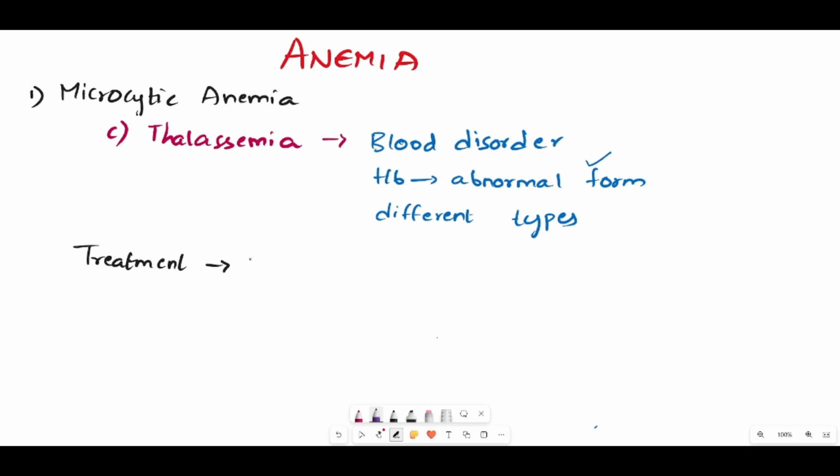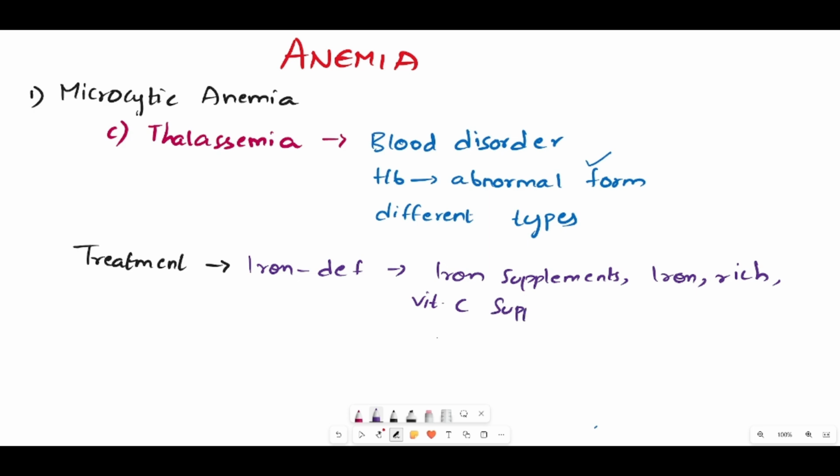if it is iron deficiency anemia, you can treat it by taking iron supplements, or by taking iron-rich foods, and also by taking vitamin C supplements.